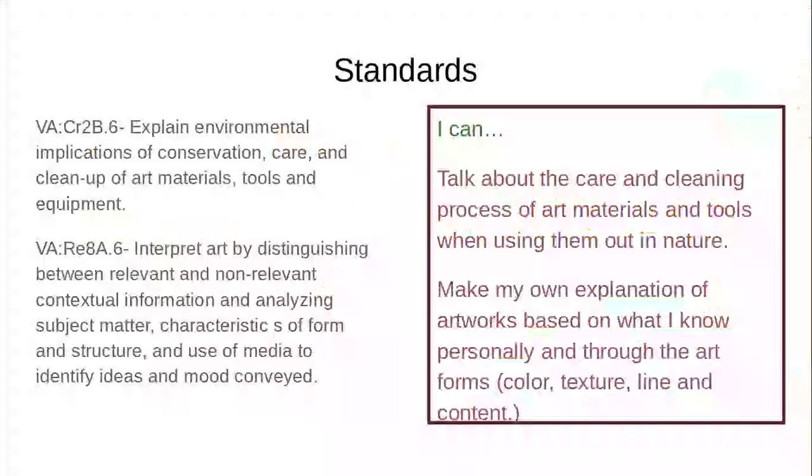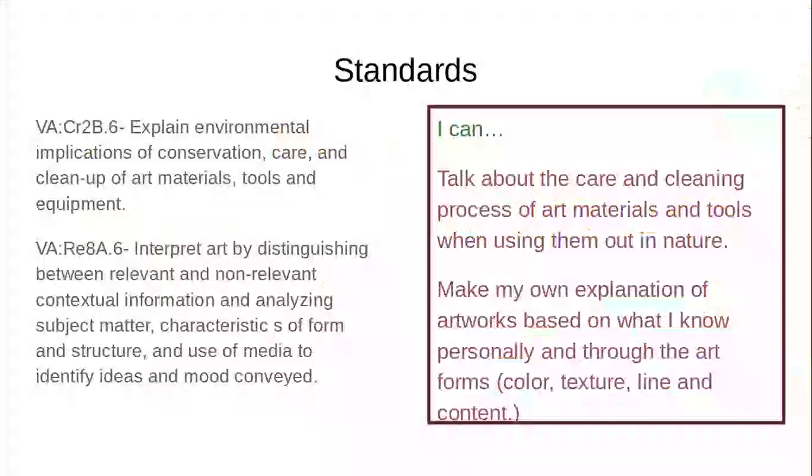Things we will be learning this time around is you will be able to talk about the care and cleaning process of art materials and tools when using them out in nature. You will also be able to make your own explanation of artworks based on what you know personally and through the art forms. So, thus far, we have talked about color.